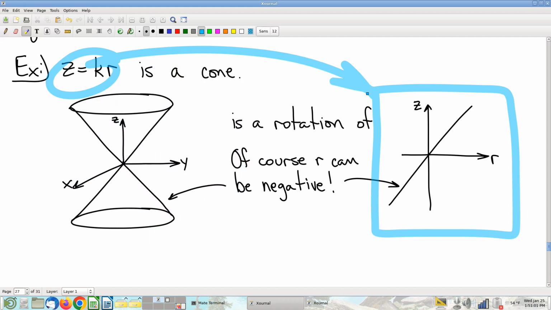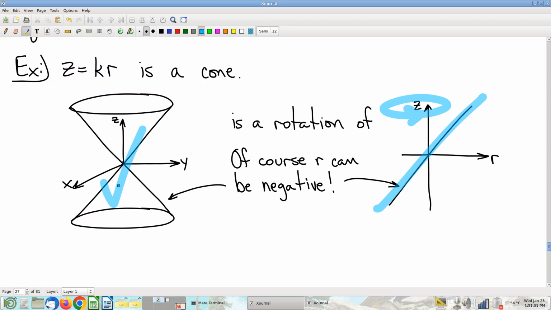In other words, when you're looking at one of those theta cross-sections, as you go away from the z-axis, you're going in the r direction. And this is a really easy line to draw, and then you just imagine what happens when you rotate that line around the z-axis, and it generates that cone. Everybody happy? Questions?